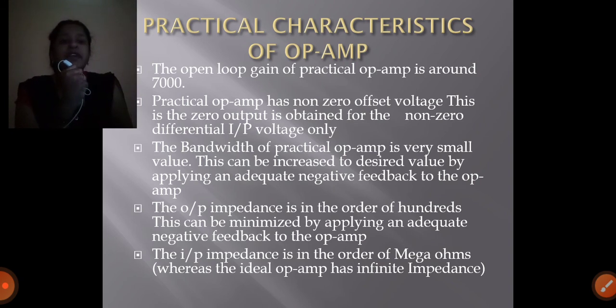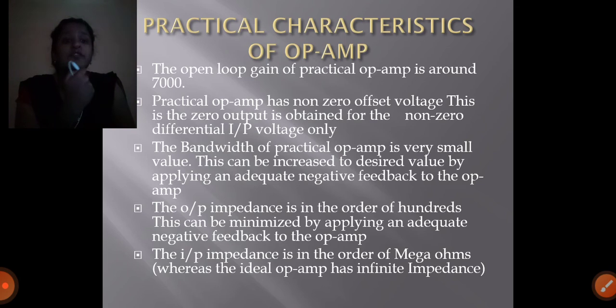The bandwidth of a practical operational amplifier is a very small value. This can be increased to the desired value by applying adequate negative feedback to the operational amplifier. You have already studied in your amplifiers in the previous semester, in transistor biasing, about negative and positive feedback.